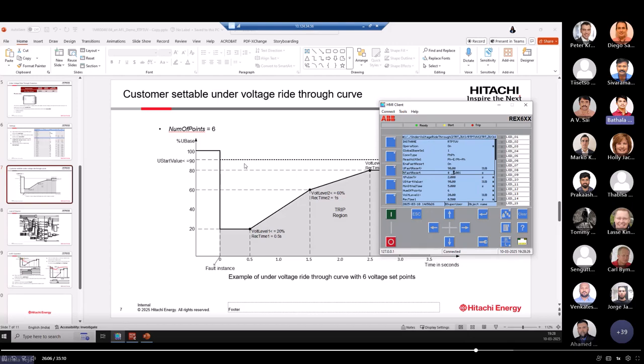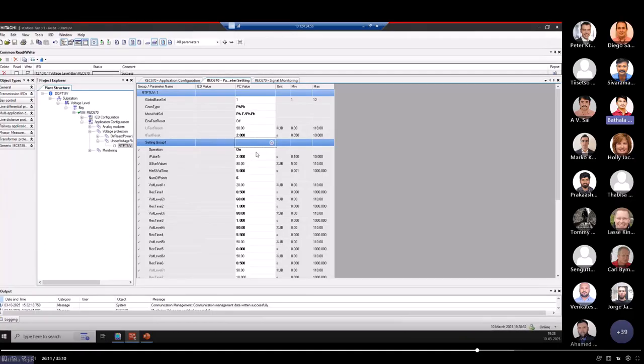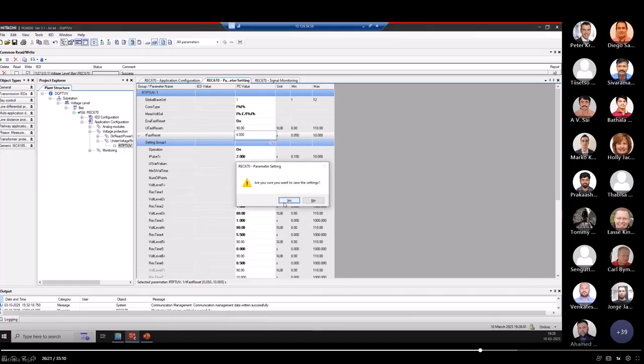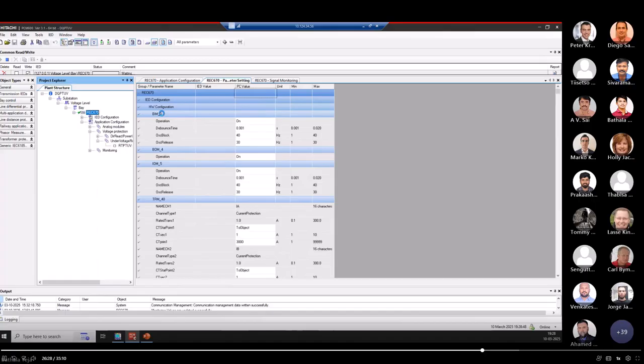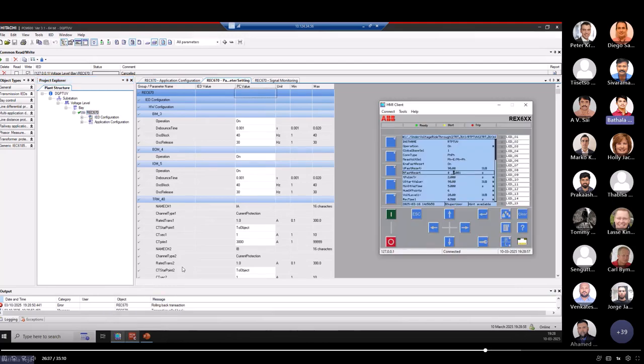It's a bit wearing, instead we can just change the setting here itself. Yeah, something is wrong here. I should come back.